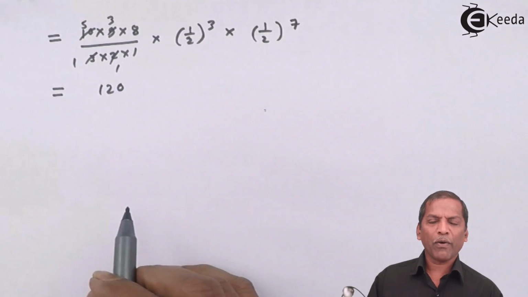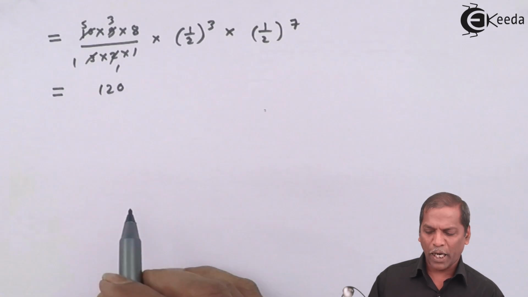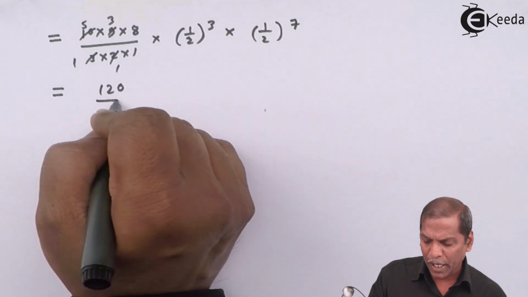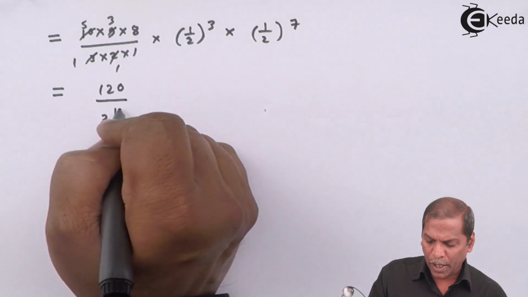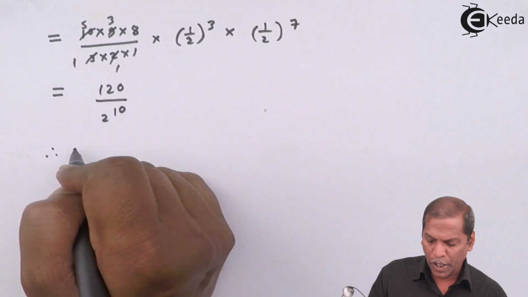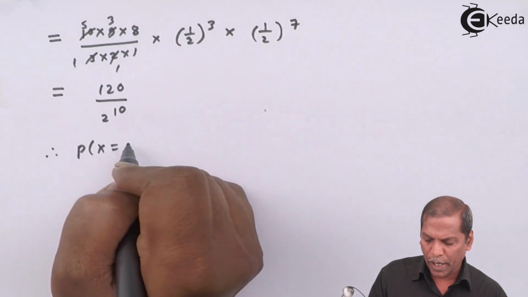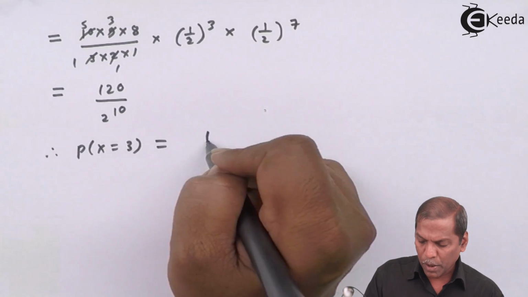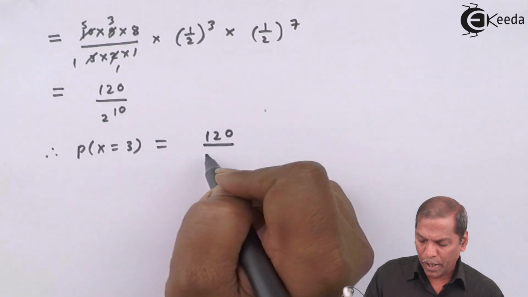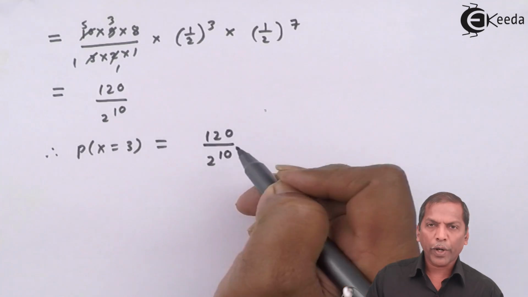So in total we get 1 upon 2 raised 10, which we write in the denominator as 2 raised 10. So in this way, probability x equal to 3 gives us 120 upon 2 raised 10.